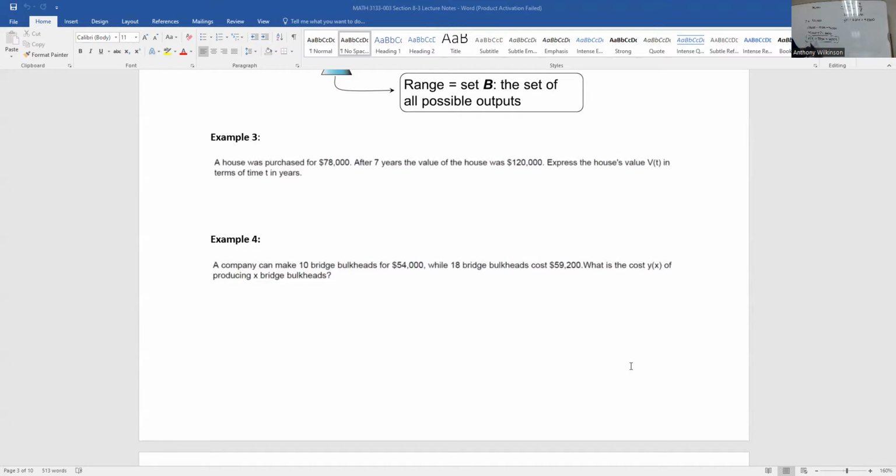I'm going to have to get back to example number 4 and explain how they got the plus 47,500. I do know that if I subtract 59,200 minus 54,000, that's 5,200, and subtract 18 minus 10, that's 8, and divide 5,200 by 8 to get 650. But for the 47,500, I'm not sure where they're getting that from. But I will come back to that.